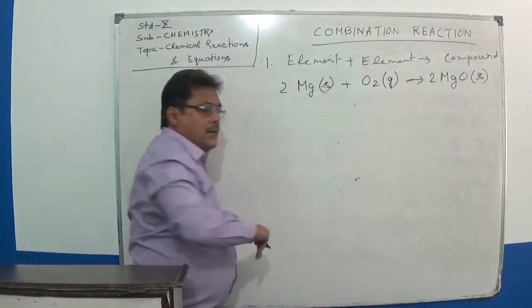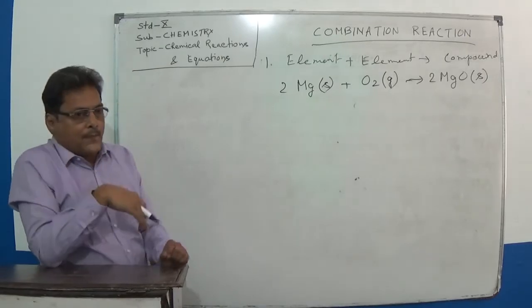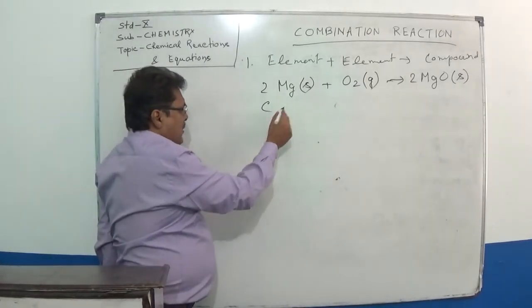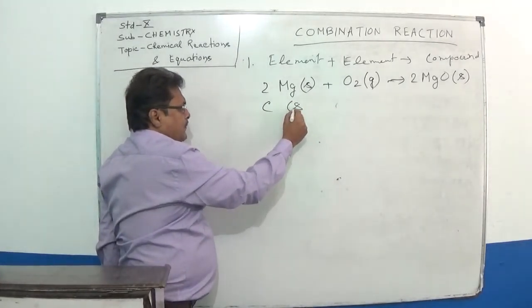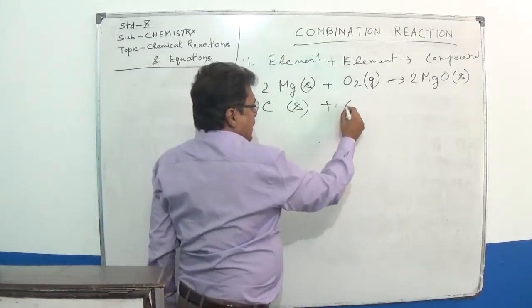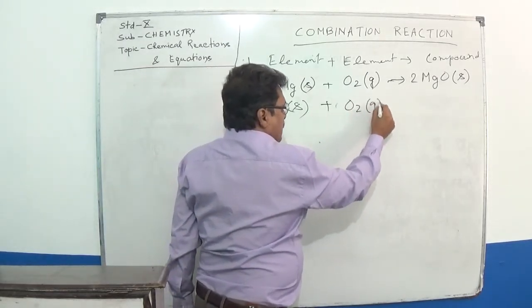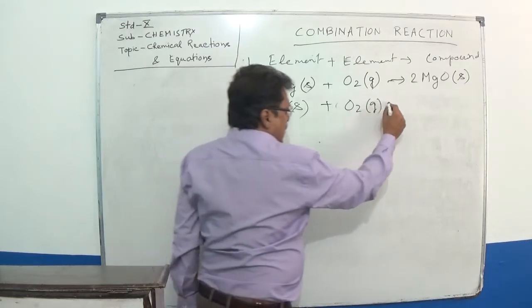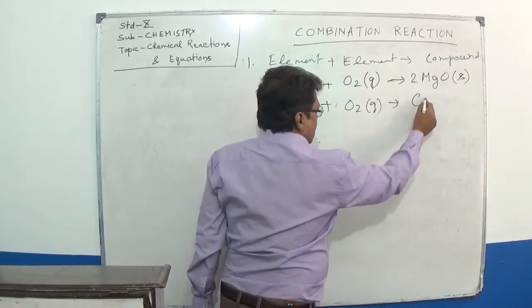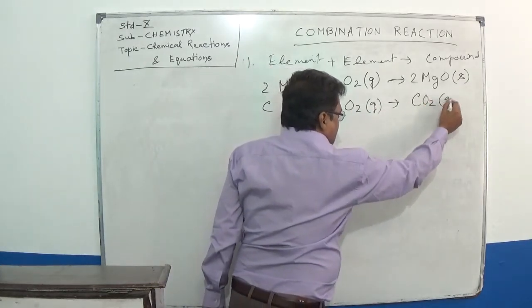Element plus element produces compound. Suppose we burn carbon in oxygen, element and element, and produce carbon dioxide gas.